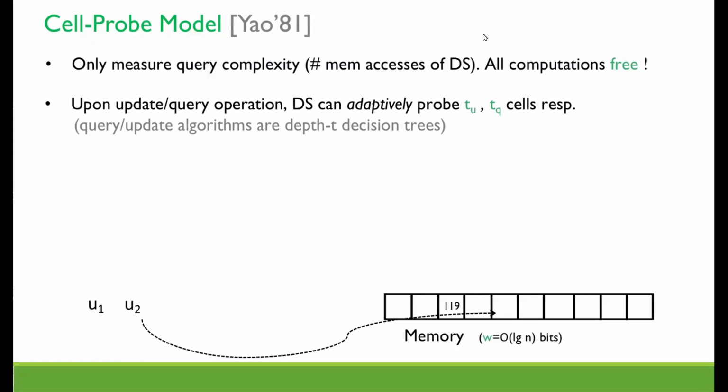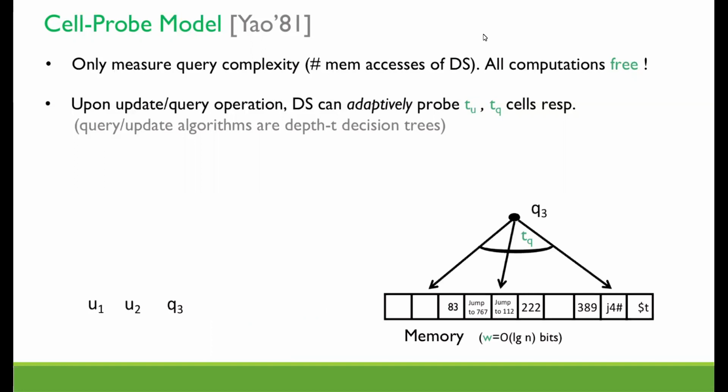For update 2, you're allowed to update the cell, jump to cell 112, and update the previous content to 83. And for any given query, you have to be able to answer query 3 after TQ probes into the given memory cells.